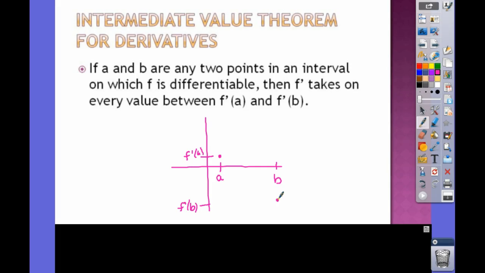So it means that there is some C in the middle of these where f prime of C would be any y value between them.